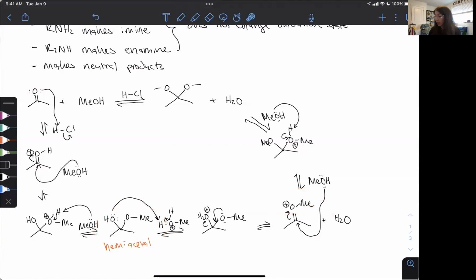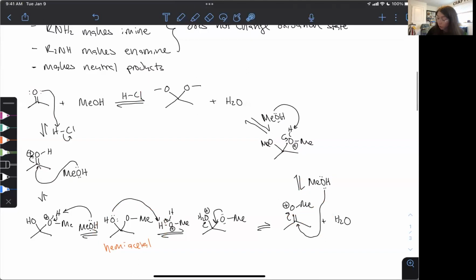So you have to have another nucleophile come in to relieve that oxygen of the charge to end up getting eventually to a neutral product, okay? So it's really important to keep in mind that each of these steps can go back and forth. It's all reversible here.